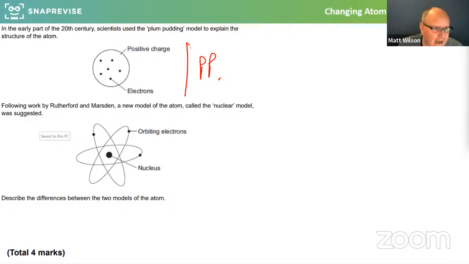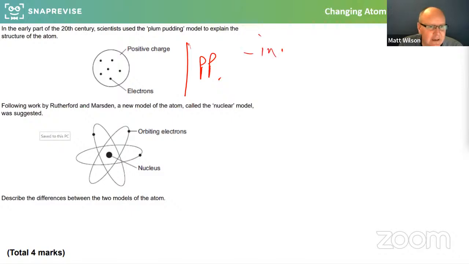And we had orbiting electrons, as Eugenie described, as a cloud of electrons. That's more advanced ideas. As you do chemistry and physics at higher levels, you use different terms. But these electrons are essentially orbiting the nucleus at a relatively great distance. Describe the differences between the two models of the atom. So here we're going back to a similar question to last time. We've just got to make 4 main points though.